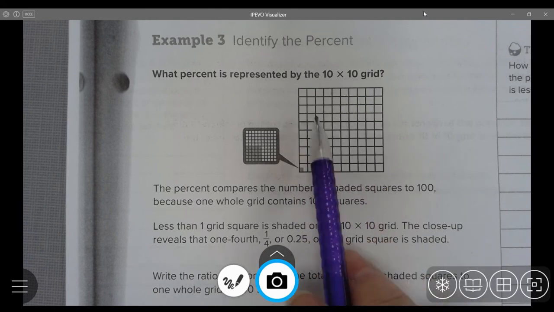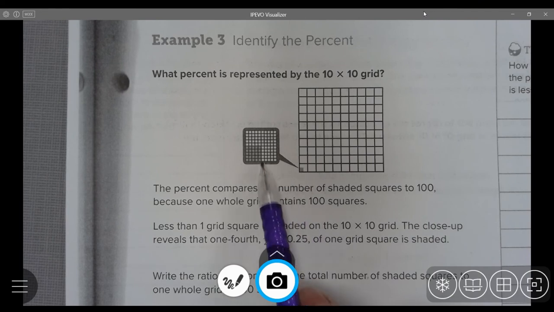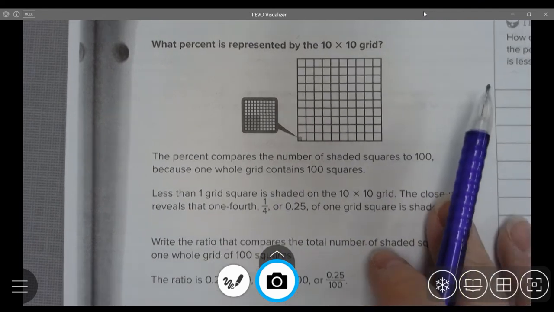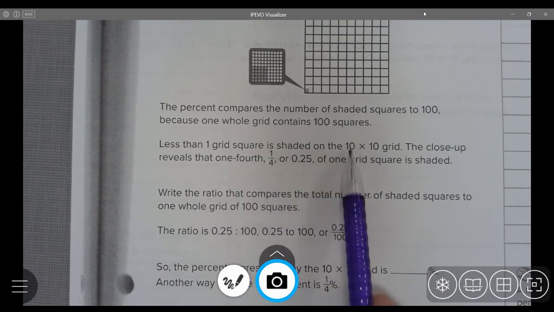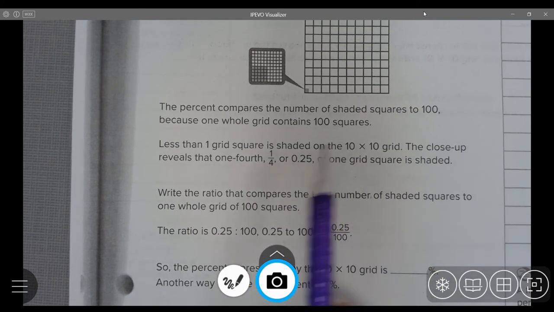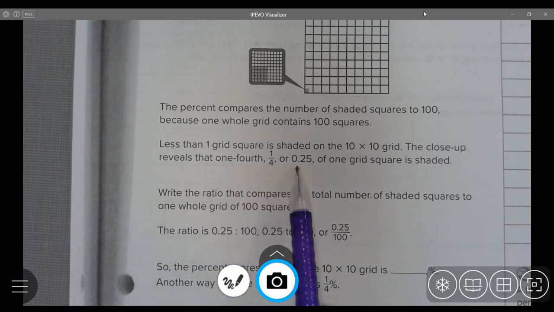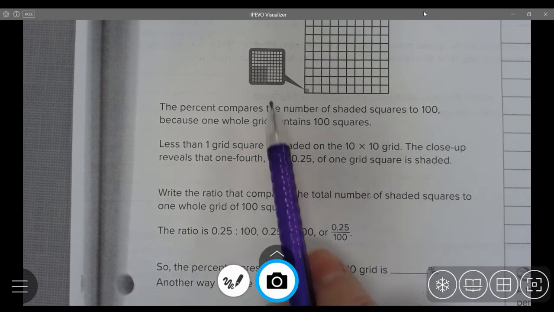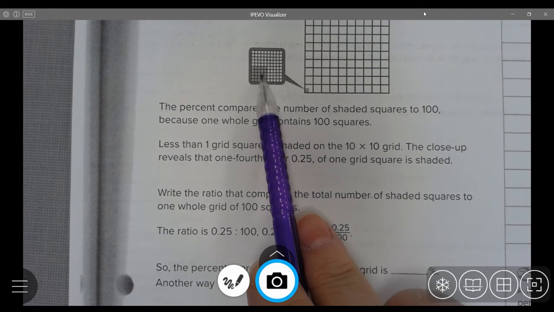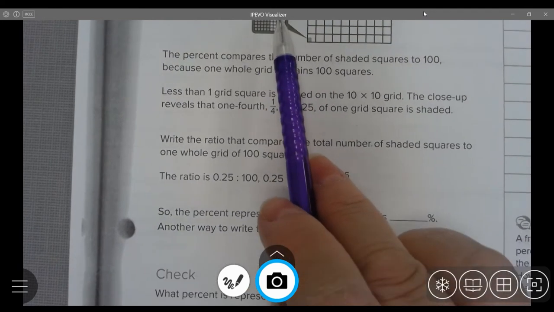What they're asking us to identify is only part of one of those 100 squares. Less than one grid square is shaded on the 10 by 10 grid. The close-up reveals that 1/4, or 25 hundredths of one grid square is shaded. And remember, I counted up 25 of the very small squares that were shaded.